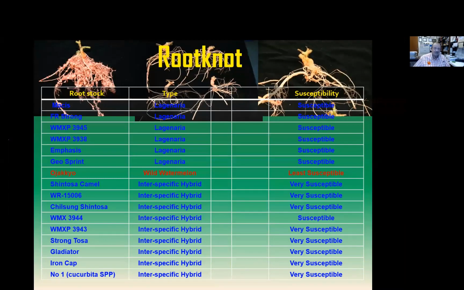Okay, so let's talk about rootstocks for just a minute. Rootstocks are very crucial here in the U.S. You need to find a rootstock that handles the situation in your area. You need to know what the disease is in your soil that you're having a hard time growing plants in.